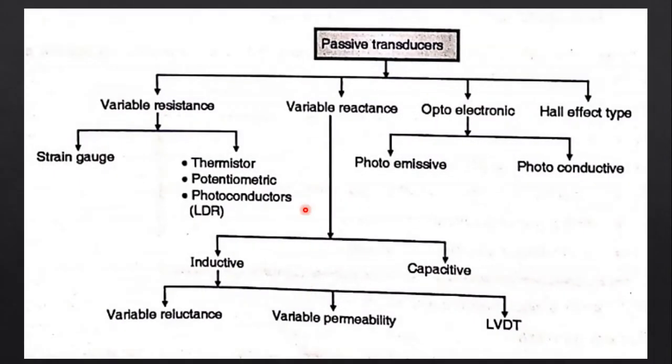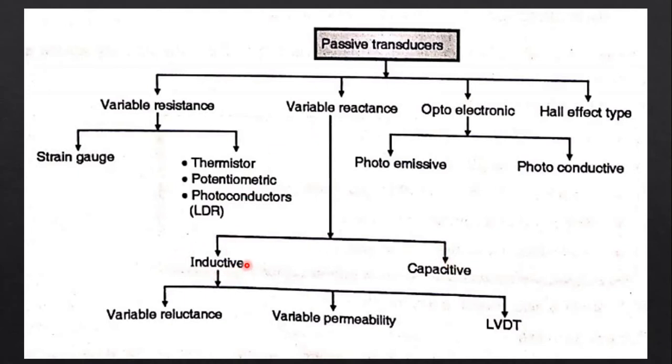So here are some passive transducers: variable resistor, variable reactance, optoelectronics, Hall effect. In variable resistor there are different types, like strain gauge, thermistor, potentiometer, photoconductor, that is LDR. Then after, in variable reactance we are going to see the inductive type and capacitive type.